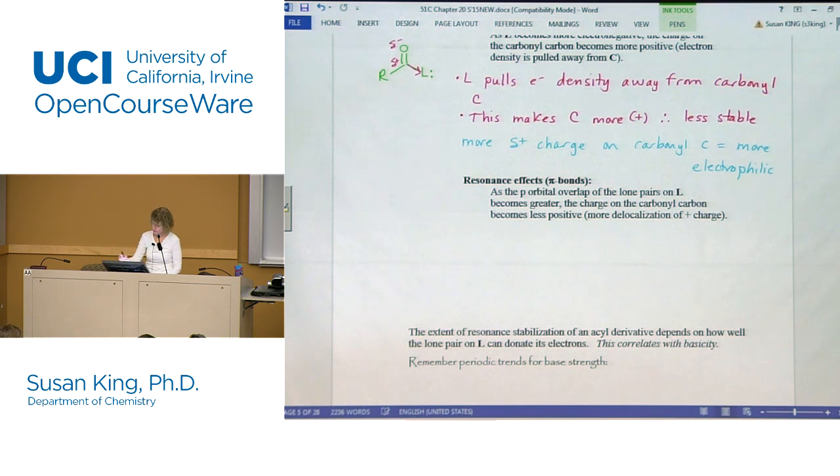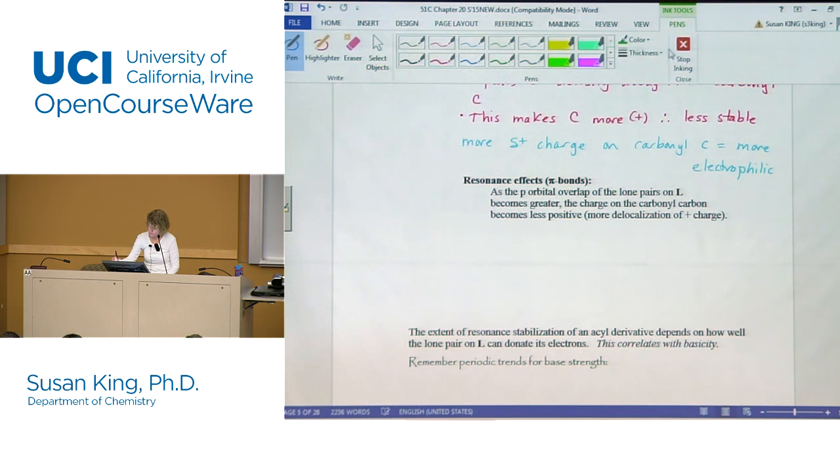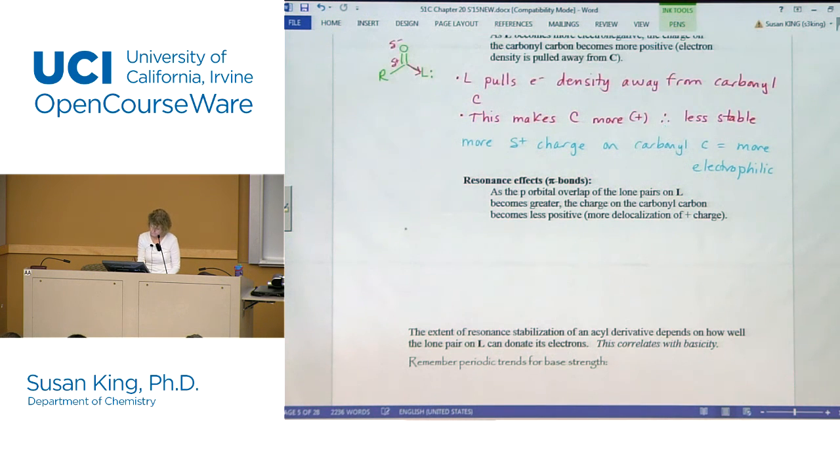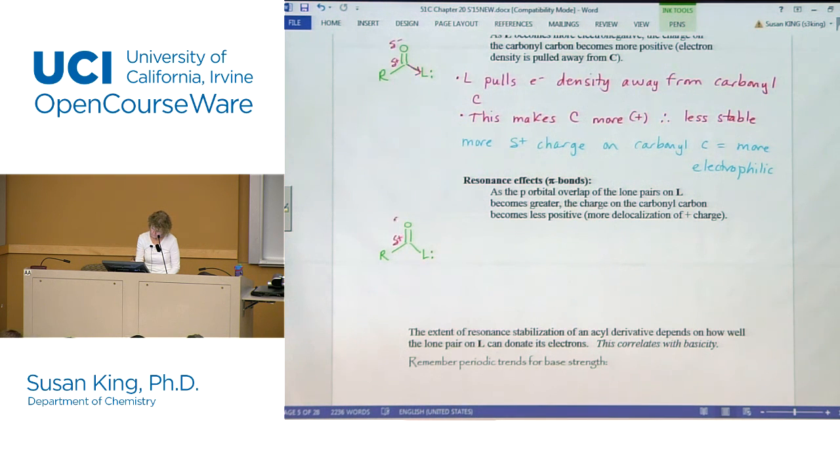What about resonance effects? We'll come back to aldehydes and ketones, but let's see what happens when we talk about how L can donate that lone pair that it has. So once again, we're still looking at the partial positive, partial negative. What happens as L feeds in electron density, pushes it up onto oxygen? Is that stabilizing or destabilizing? We're actually adding electron density to that carbonyl, aren't we?